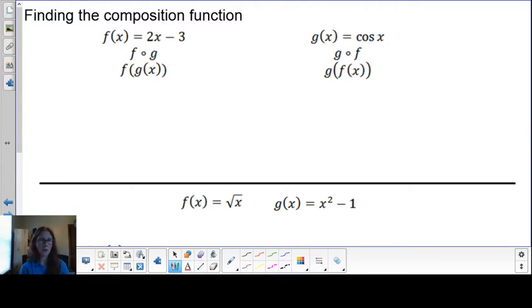Next we're going to talk about composites. Composite functions are putting things inside of others, so putting functions inside of other functions. And when we deal with composites, we work our way inside out.